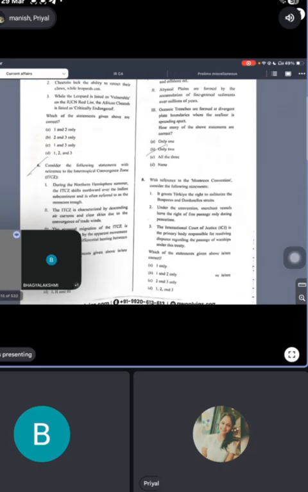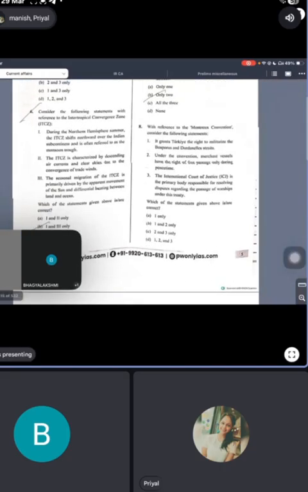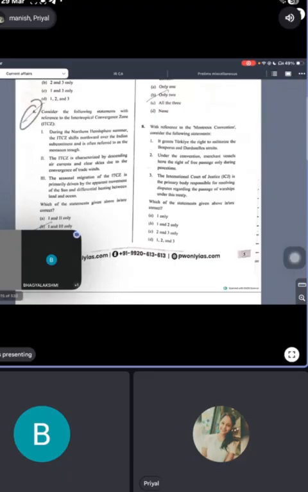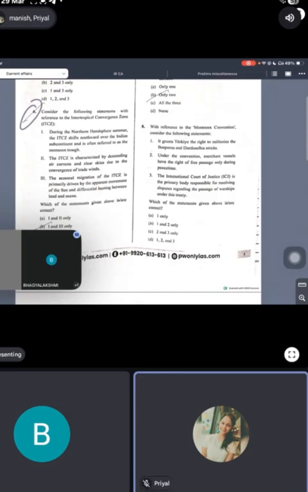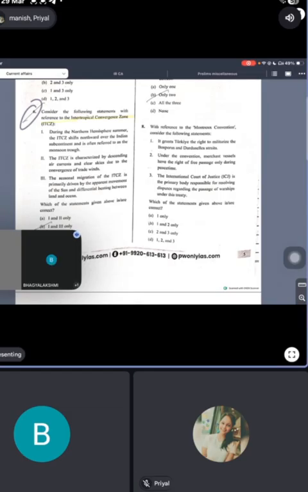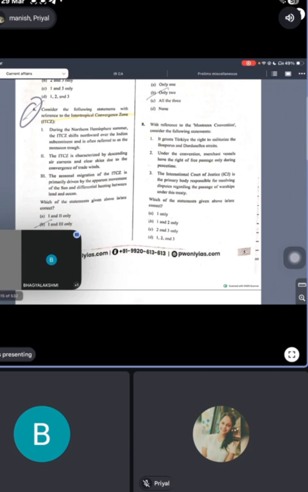I will show you some more questions. Read question number six. Consider the following statements with reference to the intertropical convergence zone. During the northern hemisphere summer, the intertropical convergence zone shifts northward over the Indian subcontinent and is often referred to as a monsoon trough.